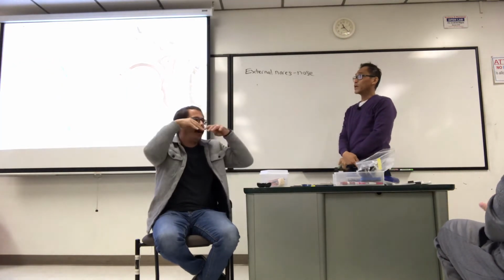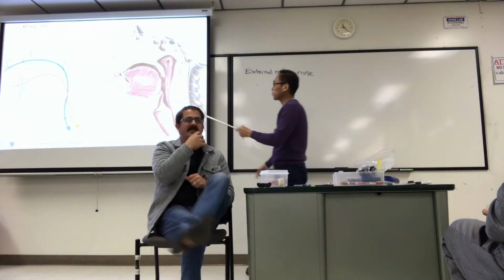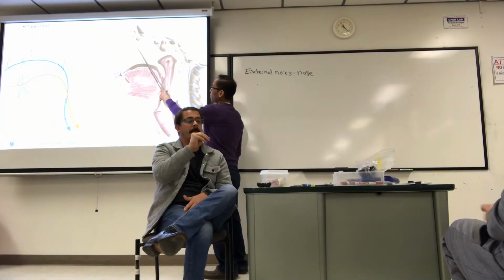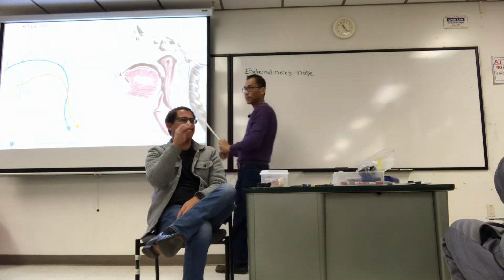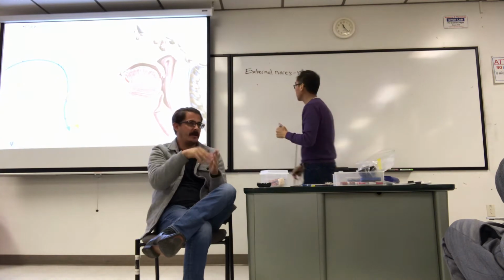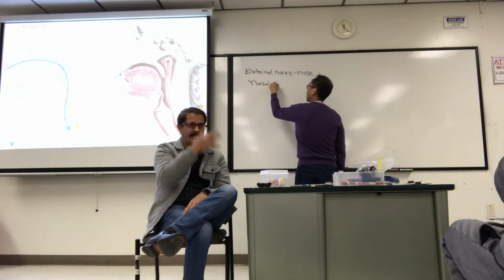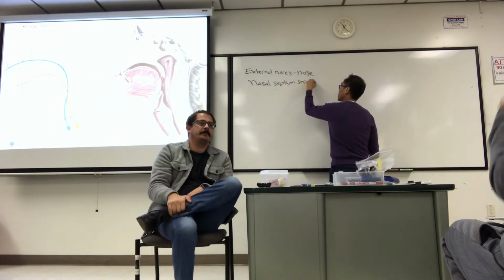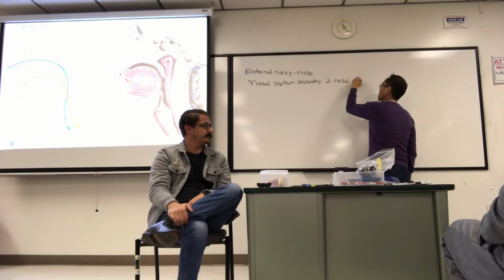And when you're in your nasal cavities, this picture shows you the nasal septum that separates the two nasal cavities. And you should remember that it's part cartilage, part bone. That's the vomer, that's the perpendicular plate of ethmoid, if you've got to look that up again. The nasal septum separates two nasal cavities.